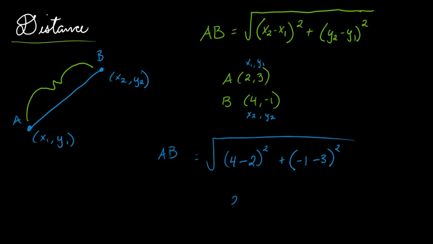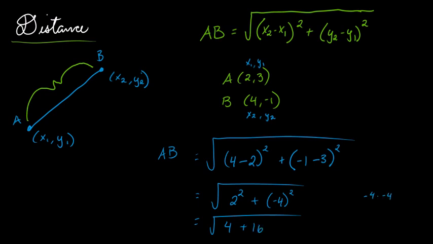So 4 minus 2 is 2 squared, plus negative 1 minus 3, that is negative 4 squared, square root of that, which is the square root of 2 squared is 4, plus negative 4 squared, that's negative 4 times negative 4, which is a positive 16.